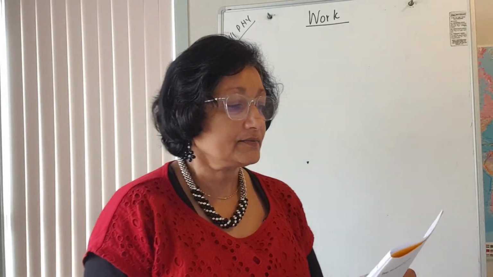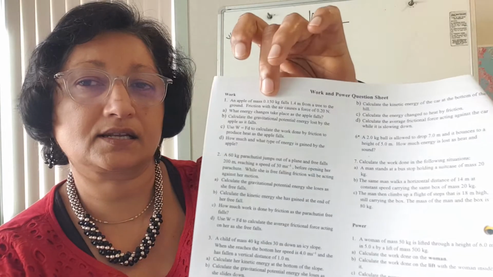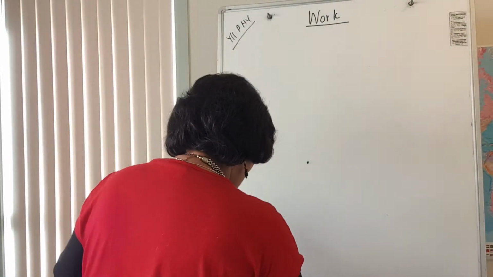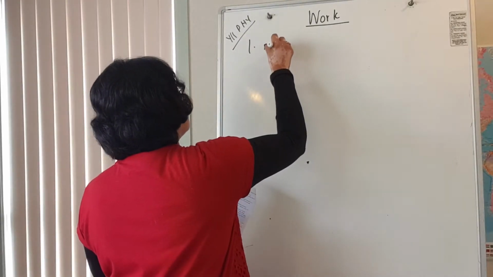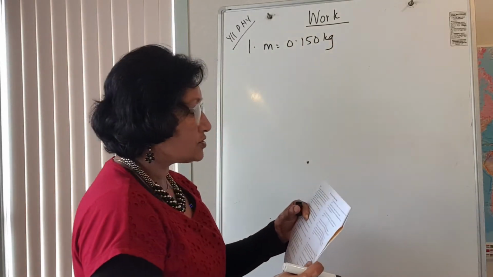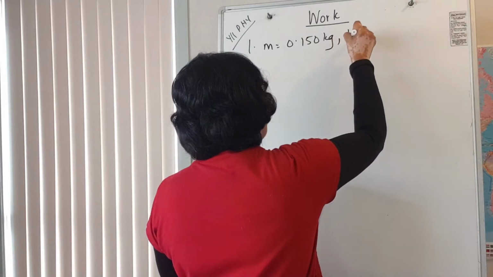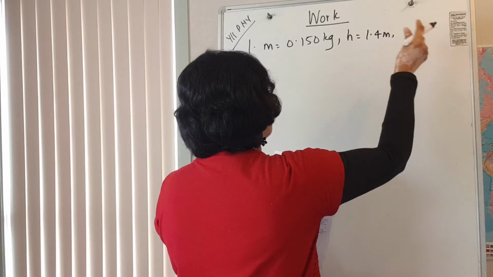So here's a question, and this is on page 6 in your booklets, and the title is work. An apple of mass 0.150 kilograms falls 1.4 meters from a tree to the ground. So the height of the tree is 1.4 meters, and it falls to the ground.